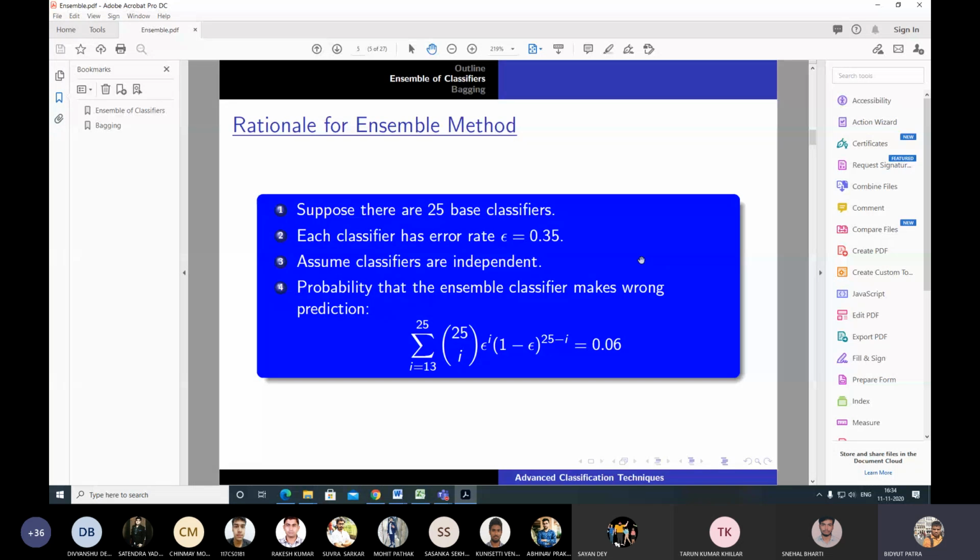Each of the classifiers, let's say you have a training data set of 100 points. Now you generate a training data set with 100 points, but you use the resampling technique, sampling with replacement.